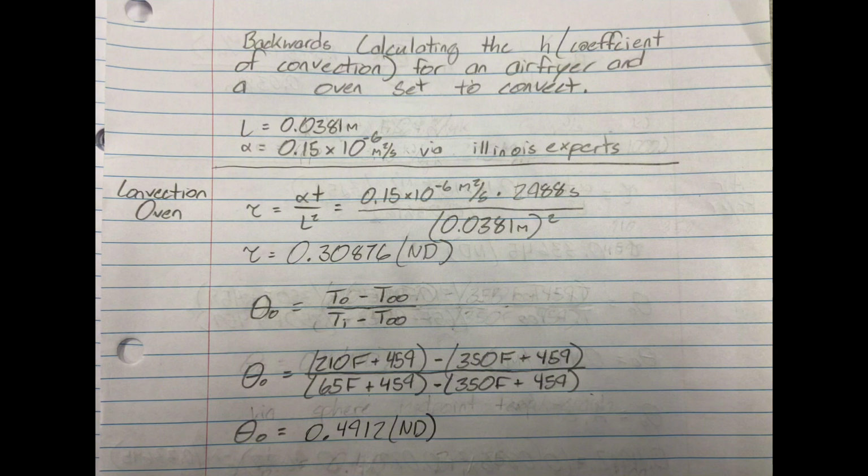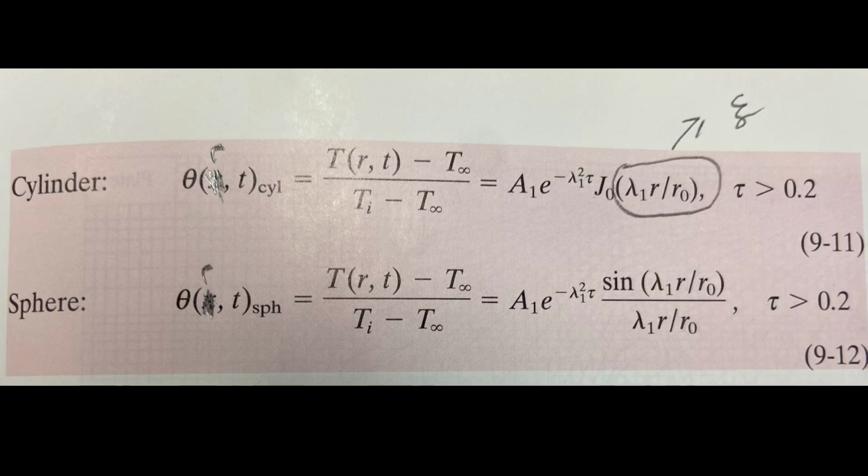This calculation was the same for both potatoes, and the dimensionless temperature came out to 0.4912. From there, we used equation 9-12 for the sphere to back calculate A1 and lambda 1 to then get the Bi number and then finally get the coefficient of convection.